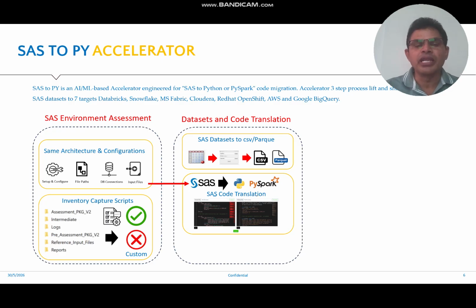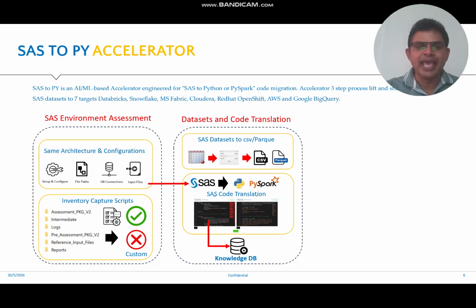But you might be wondering how it is possible. So the possibility is because of our differentiating factor, knowledge DB. And what is this knowledge DB? See, we took entire SAS objects, and each object and usage of that object, we created a mapping in Python or PySpark.